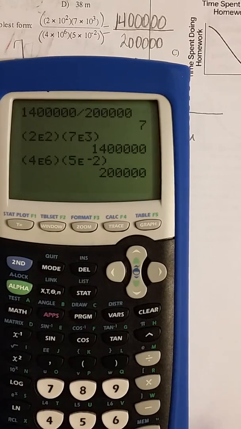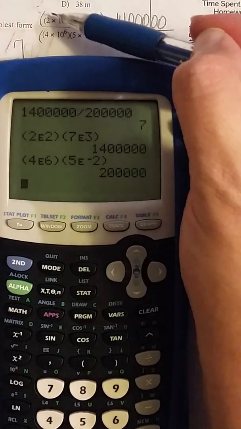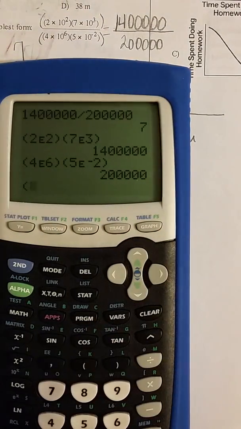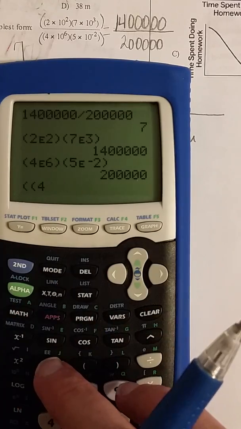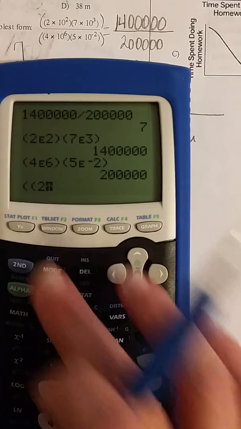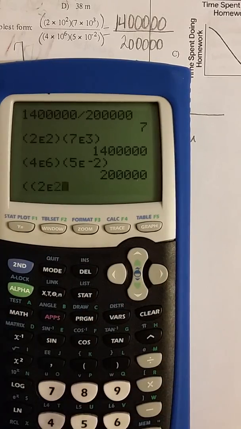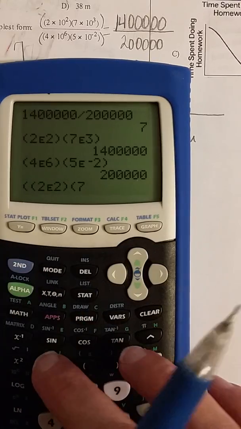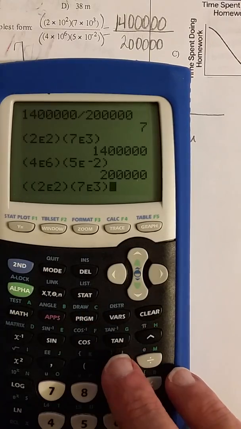Another thing I can do is type it all in at once, but remember I still need to put all those parentheses on top, that one set of big parentheses on top, and that parentheses on bottom. So I would have open parentheses, 2E2, close parentheses, open parentheses, 7E3, close parentheses.